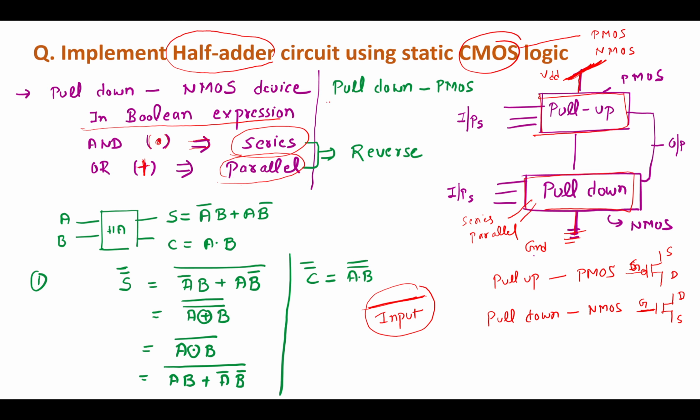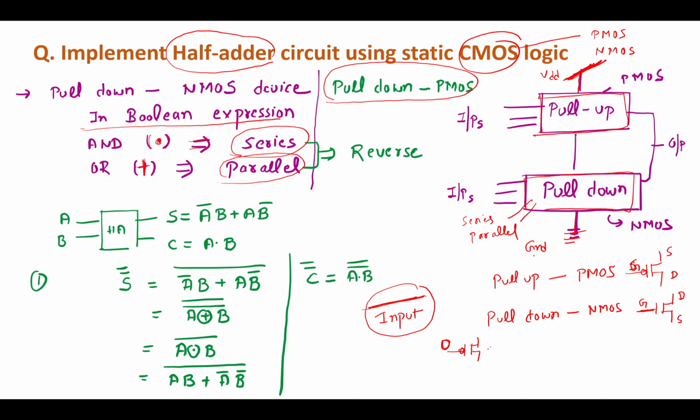But the pull up network is designed by PMOS, and PMOS behavior is opposite to NMOS. We know very well that the PMOS transistor is on if the gate input is 0.